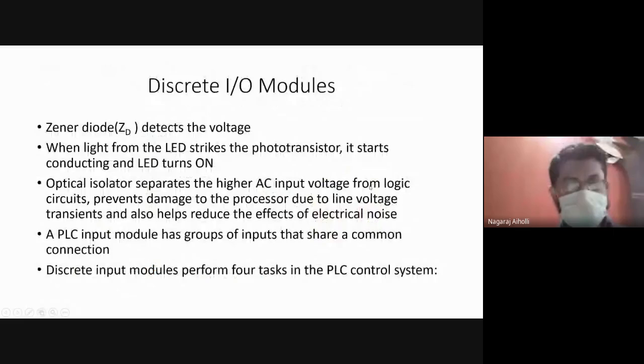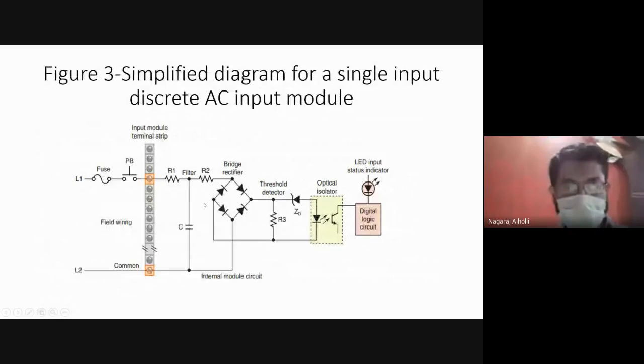The optical isolator separates the higher AC input voltage from the logic circuits. There is one more advantage of using this optocoupler. One advantage is that if there is any electromagnetic interference noise, that is removed.